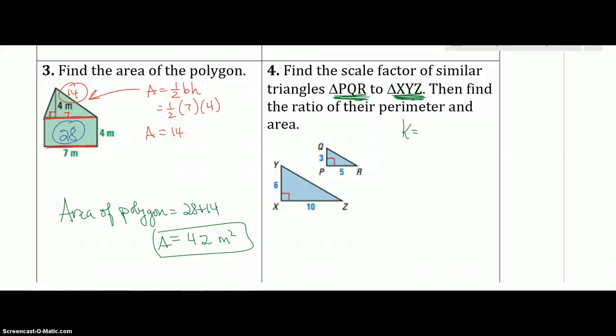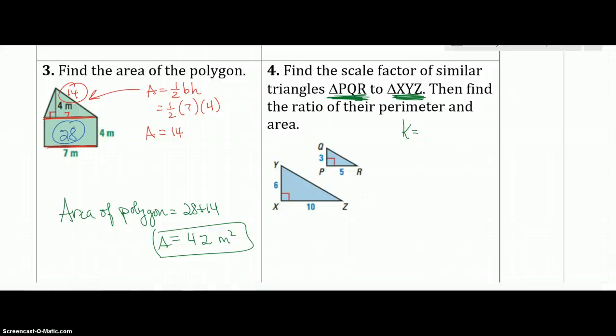So what is it going to be? Ratio between the sides. Come on, guys. Okay, I hear 6 over 10 and 3 over 5, but be careful there. We want to compare the triangles. We want to compare PQR to XYZ in one fraction.